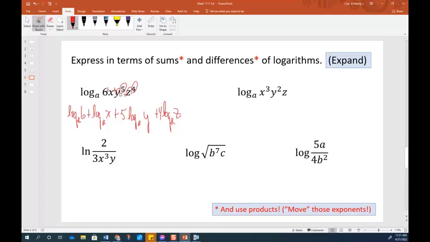This one had 1, 2, 3, 4 factors in that product, so I ended up with 1, 2, 3, 4 logarithms. But I did need to bring those exponents to the front.